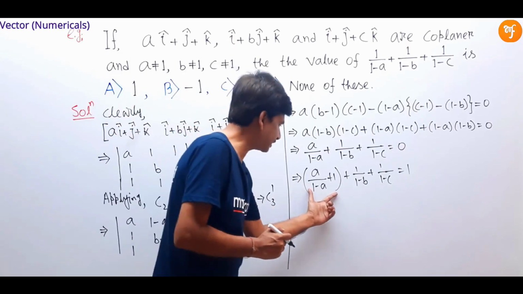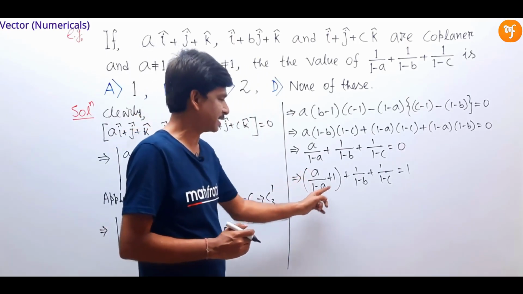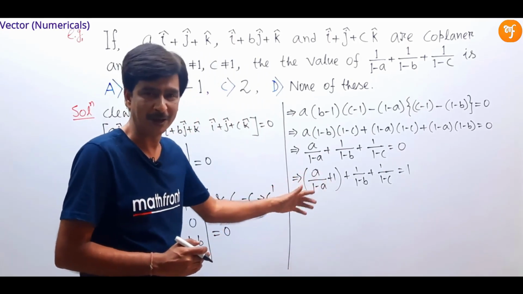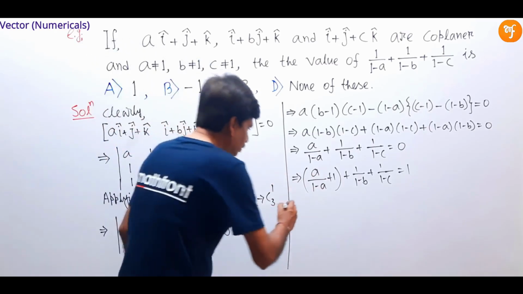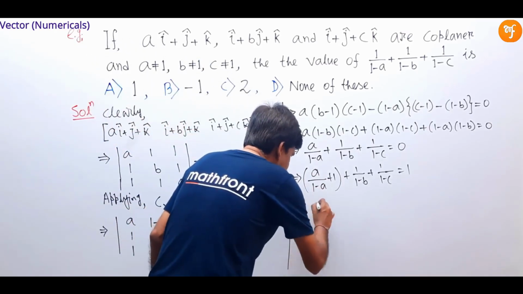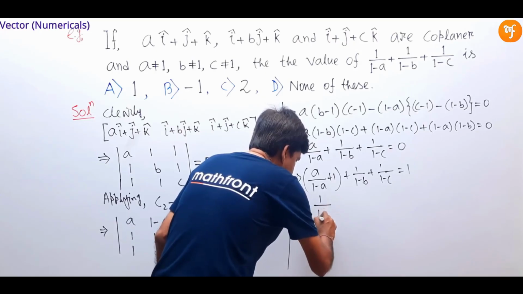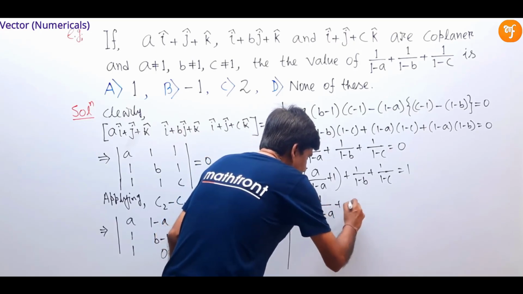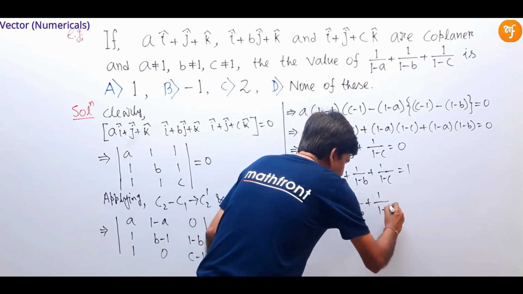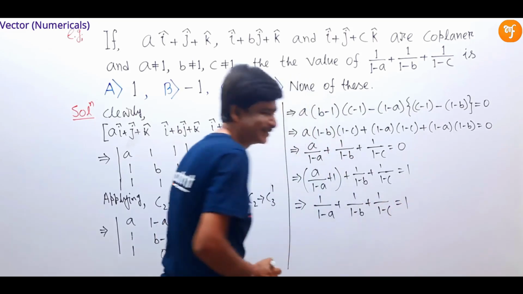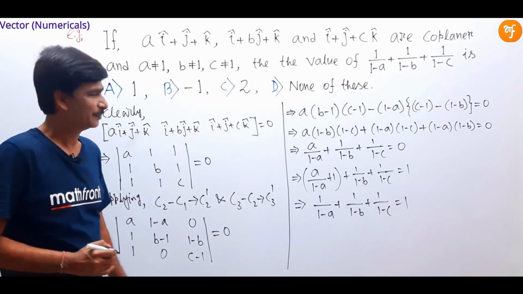Now, if we simplify this part, that is a by 1 minus a plus 1, we'll get 1 by 1 minus a, because a will be cancelled in the numerator. So in the next step, finally we get 1 divided by 1 minus a plus 1 divided by 1 minus b plus 1 divided by 1 minus c is equal to 1. Okay, so directly we get it.